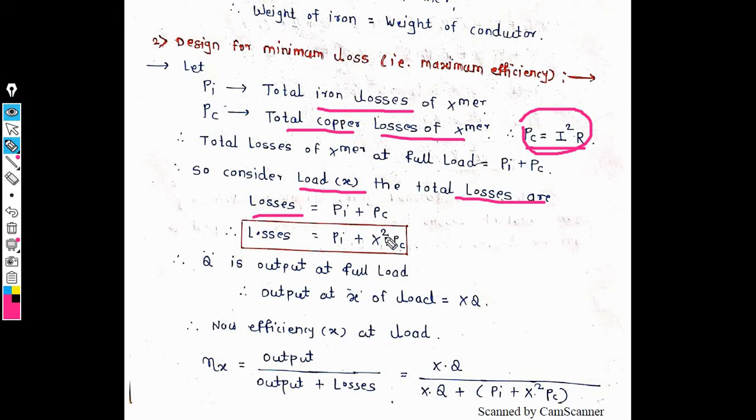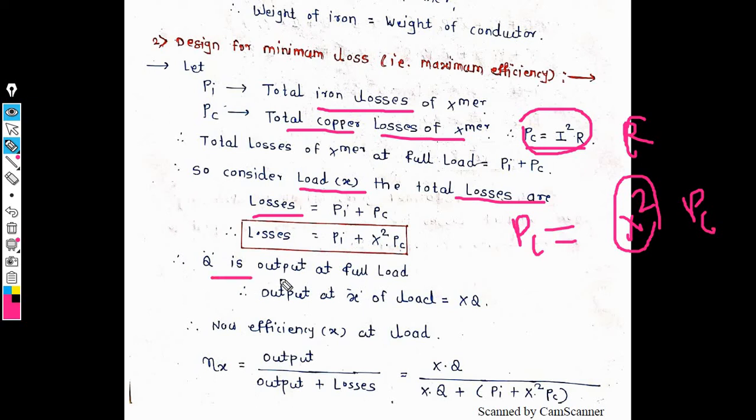We have considered leakage reactance, that is X. Here consider leakage resistance, that means resistance of transformer. But in this equation we have to find out with respect to copper loss, so the loss is equal to Pi plus x square Pc.